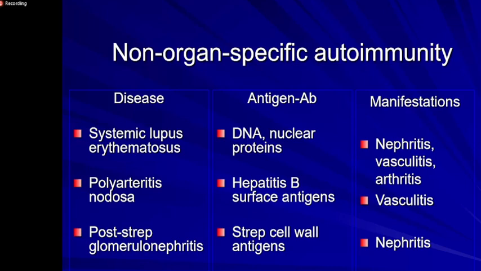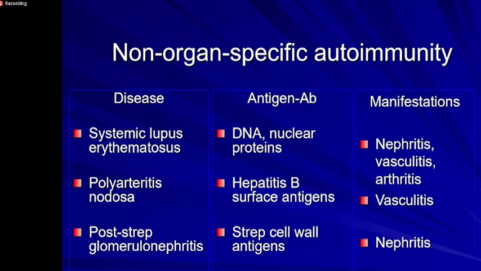And therefore, when you examine these patients, you'll find that there is nephritis, vasculitis, arthritis, depending on what you are going to do. Please note, I'm using the suffix -itis, which means that in these places there will be swelling.